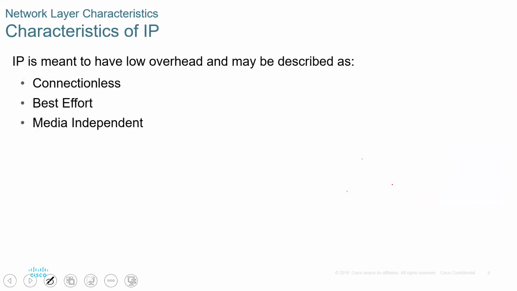Now, one of the characteristics of IP is that it is connectionless. Connectionless means that it does not need to establish an end-to-end connection before it begins to transmit data. For instance, let's say this is Victor. Victor wants to make a call to Esther.